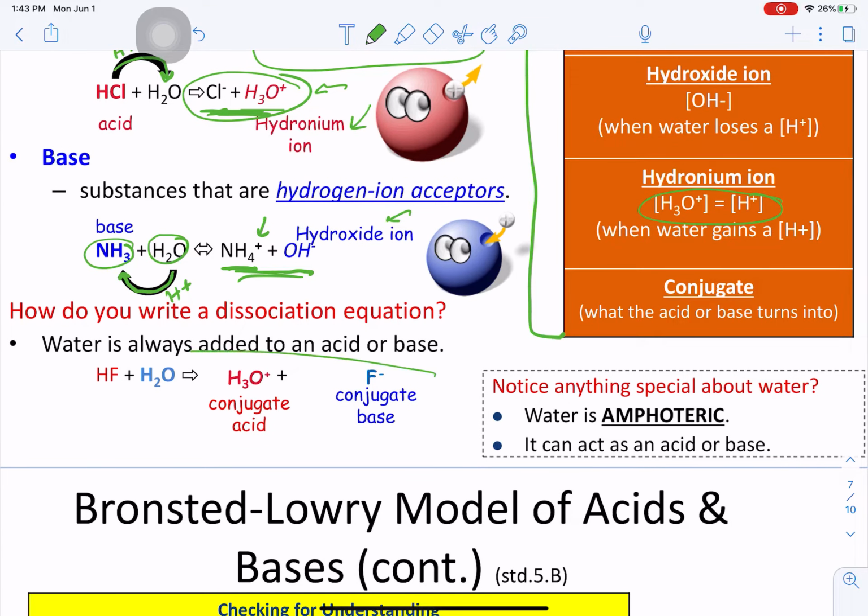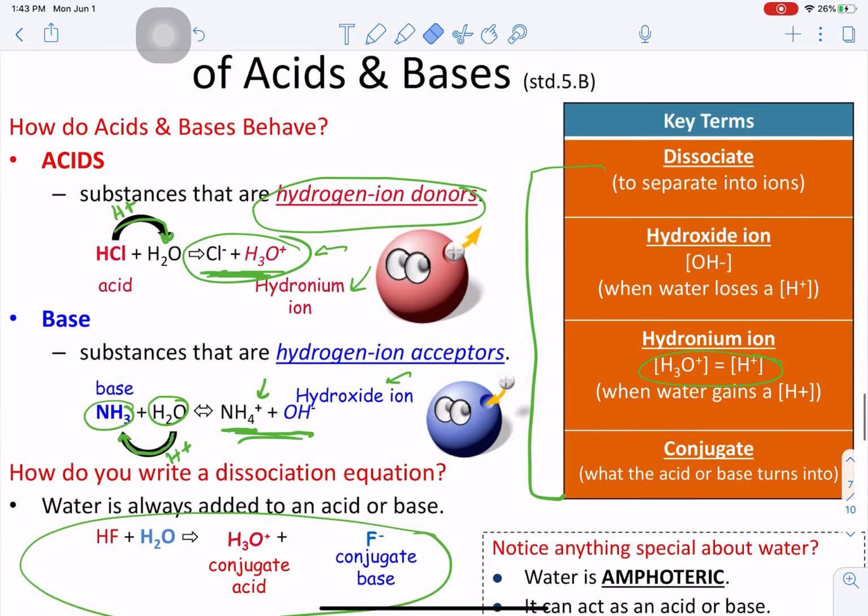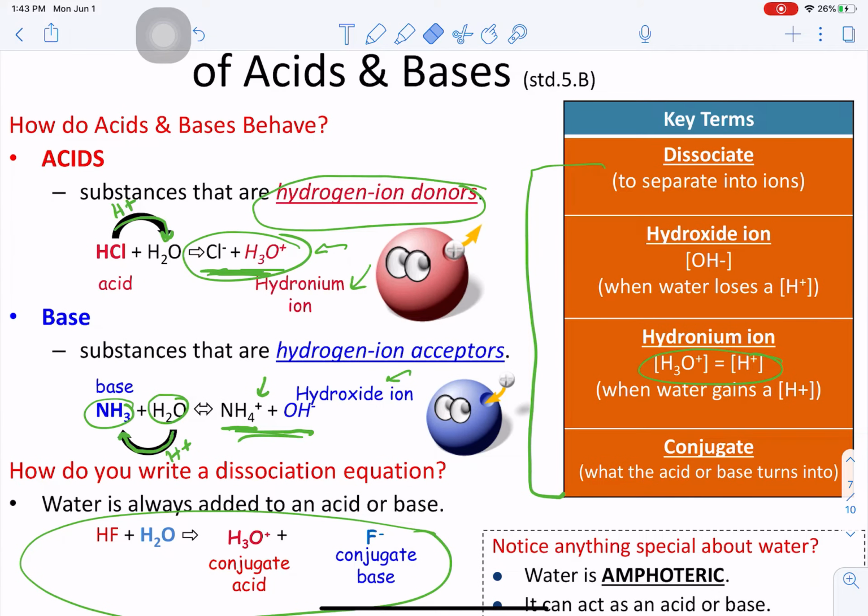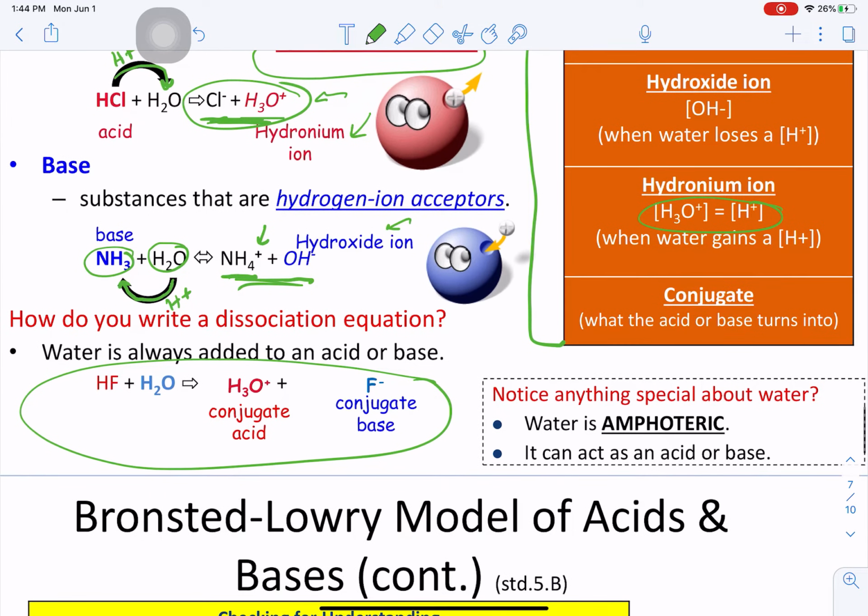Let's take a look right here. HF, what does it look like? Well, the H is in front. It must be an acid. So we know that acids are hydrogen ion donors. It's going to donate that H plus to the H2O. So if it donates that H plus to the H2O, it becomes H3O plus.